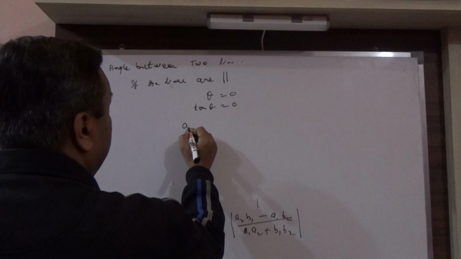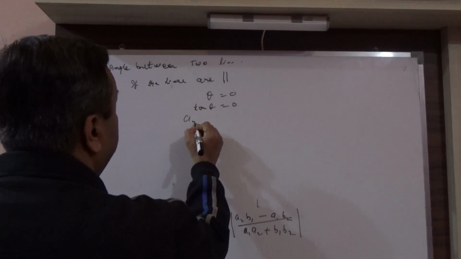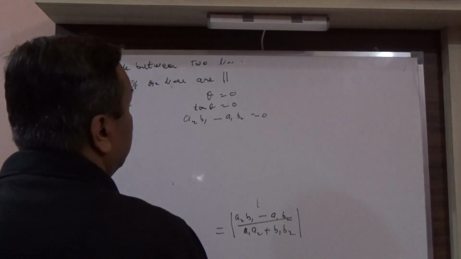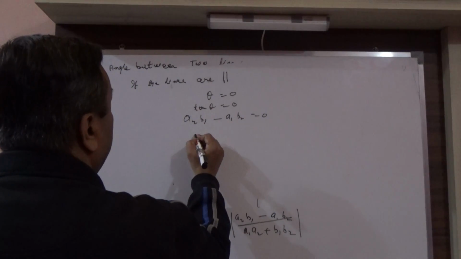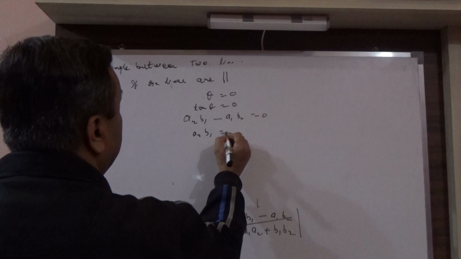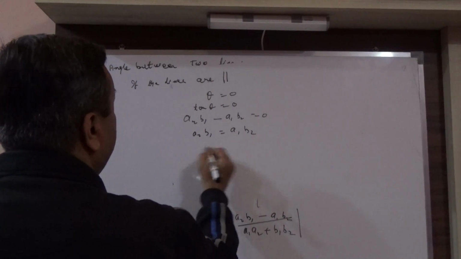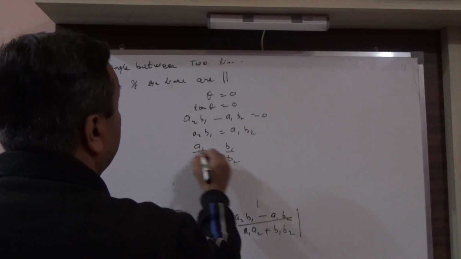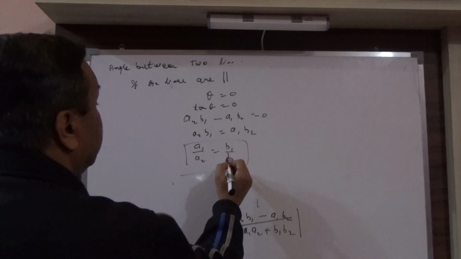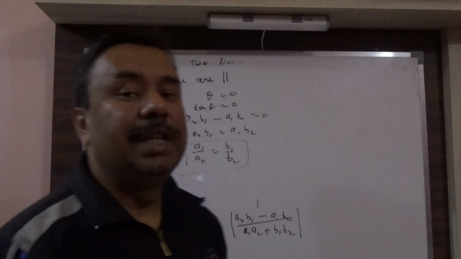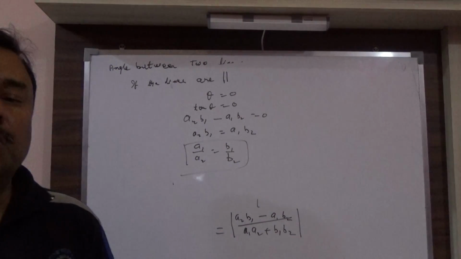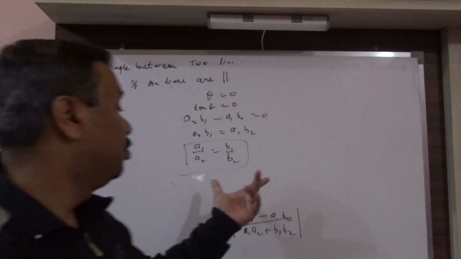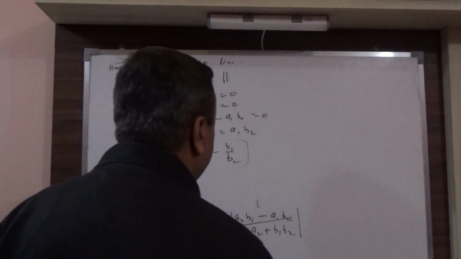So I can say a2 b1 minus a1 b2 is equal to 0, or a2 b1 is equal to a1 b2, or I can say a1 by a2 is equal to b1 by b2. That's what I have just explained to you, that the ratio of the coefficients of the variables have to be equal. That's what you are getting once again.